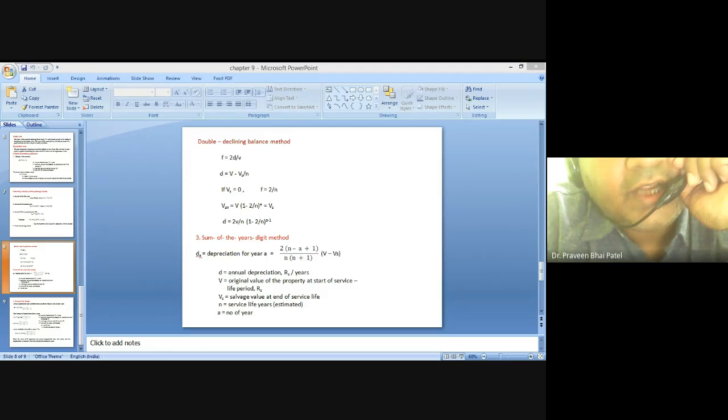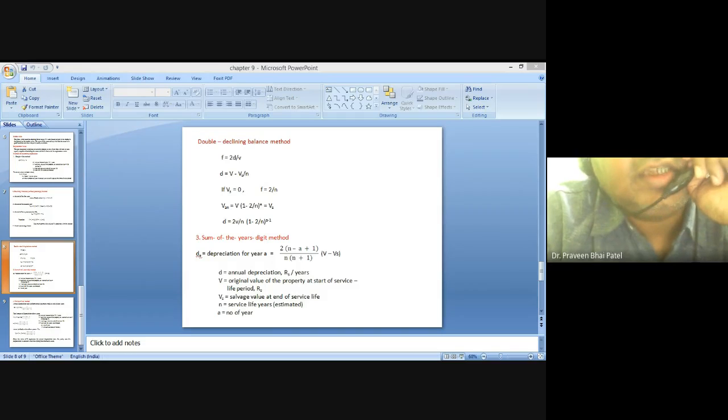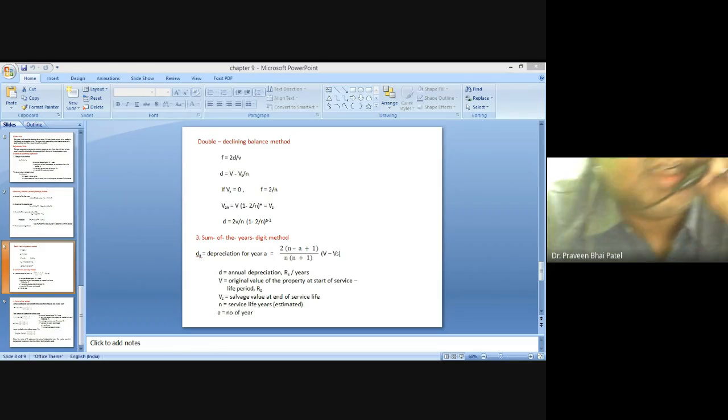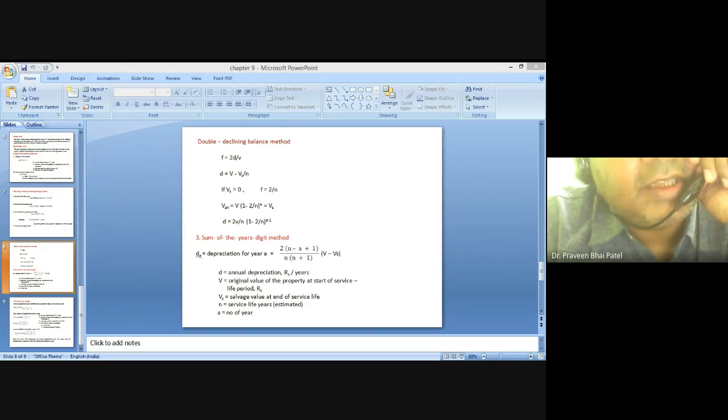So what is happening here is that the double declining, as its name represents, is depreciating the value twice with respect to the original declining method. The DDB method records larger depreciation expense during the earlier years of an asset's useful life and smaller ones in the later.